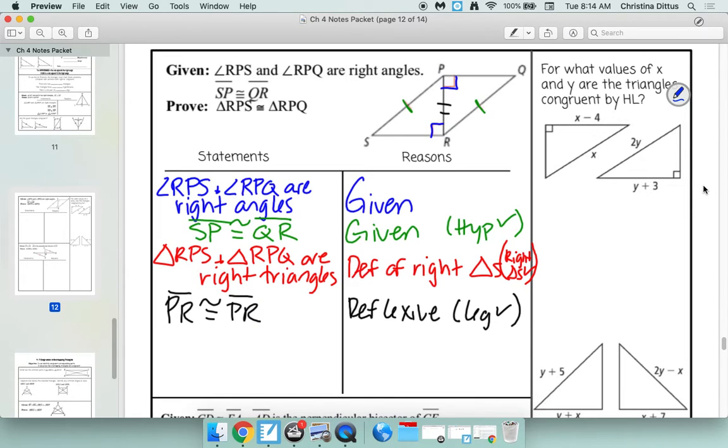Kind of. Okay. Alright, so do I have all three criteria? Hypotenuse, leg, right angle, or right triangles? Yeah, so I can say that my triangles are congruent. So triangle RPS is congruent to triangle RPQ because of what? HL. Not bad words, but HL.